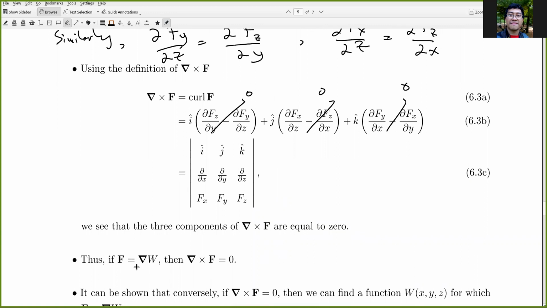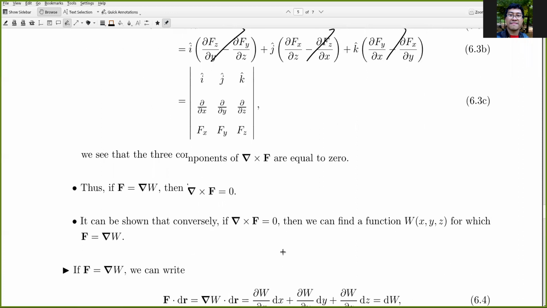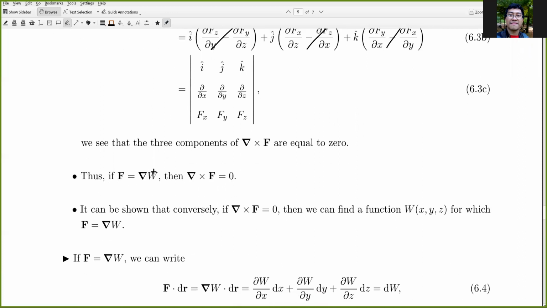Thus, if F is equal to del w, then the curl of F is equal to 0. So if we can write F as the gradient of some w, then the curl of F is 0. Conversely, it can be shown that if the curl of F is 0, then we can find w for which F equals del w.